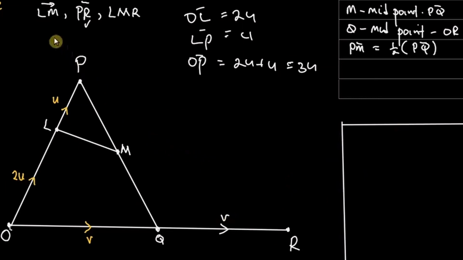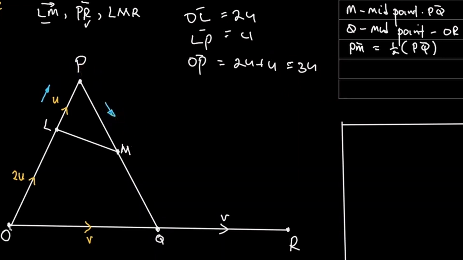Our first task is to find the vector LM. So we can see that the vector going from L to M, so you imagine that you're at L and you want to get to M. So you can go from L to P in this direction, and then from P to M in that direction.